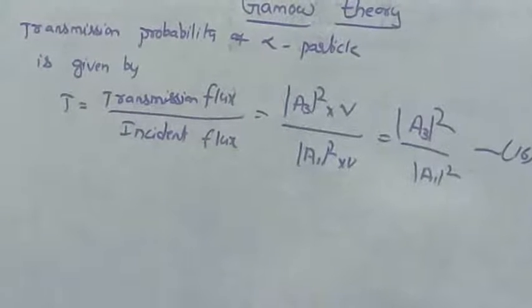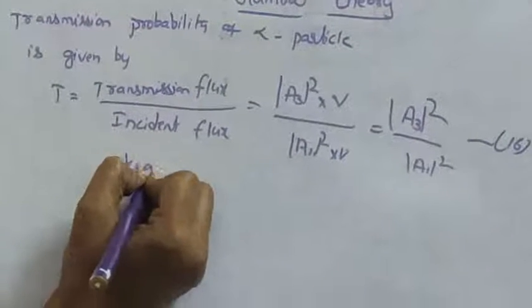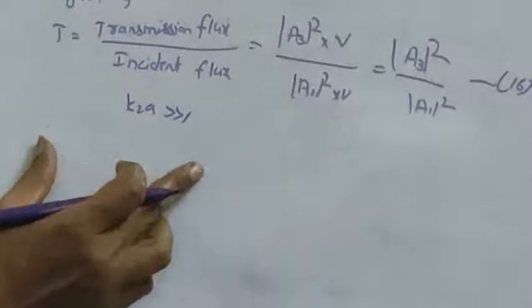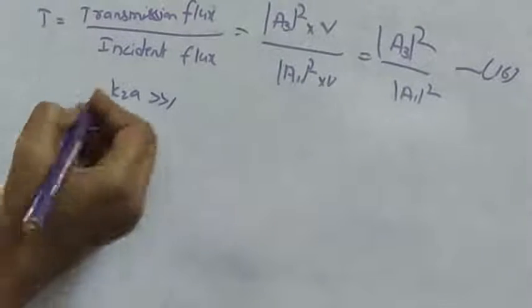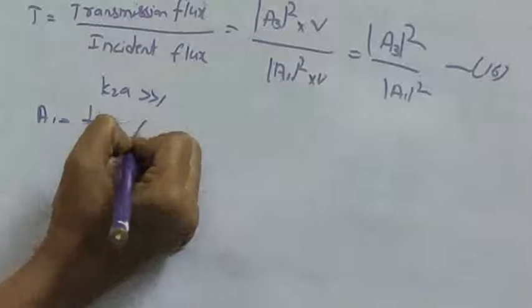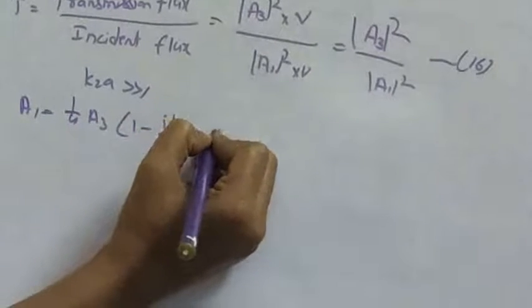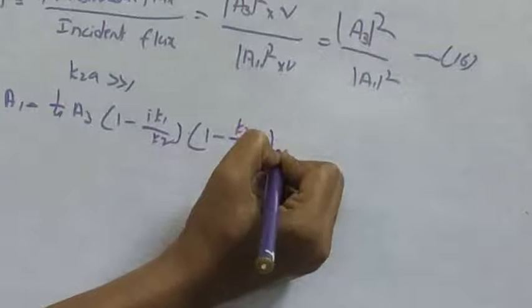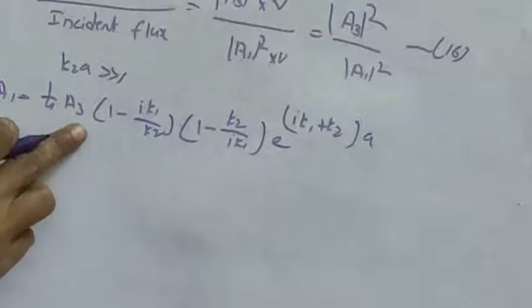So A1 is equal to 1/4 A3 into (1 − iK1/K2) (1 − K2/iK1) e^(iK1 + K2)a. This is the second term of equation 15.